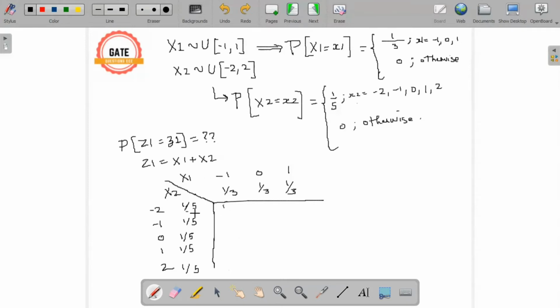Taking the product of 1 by 5 with all these elements, we can see that its value will be 1 by 15. Each of these will be 1 by 15. Similarly, we can fill the second row here, and all the elements come out to be 1 by 15. So I will fill 1 by 15 for all the elements.